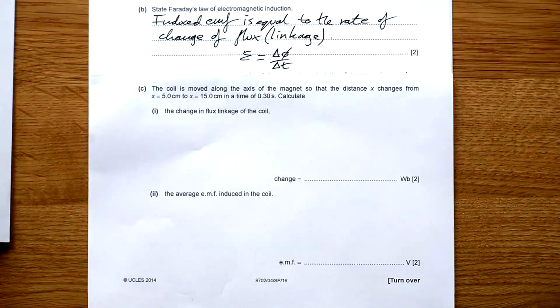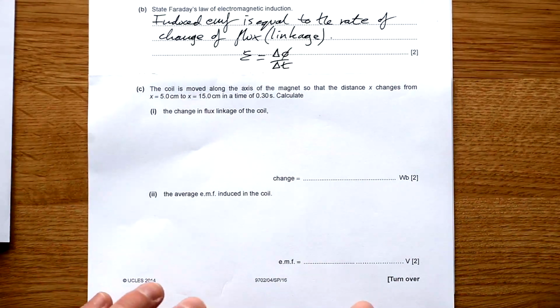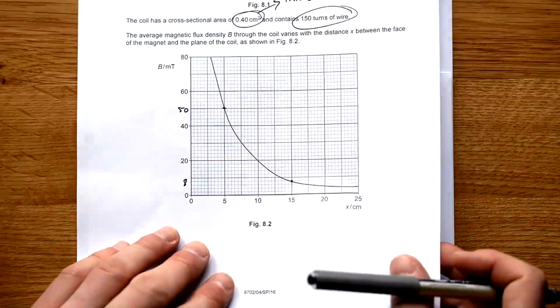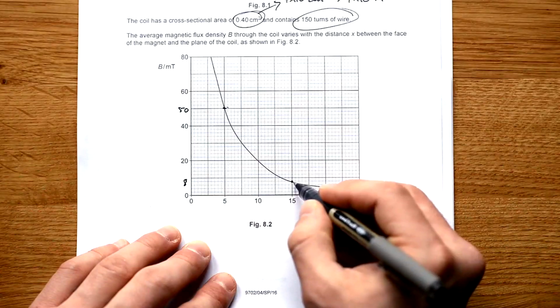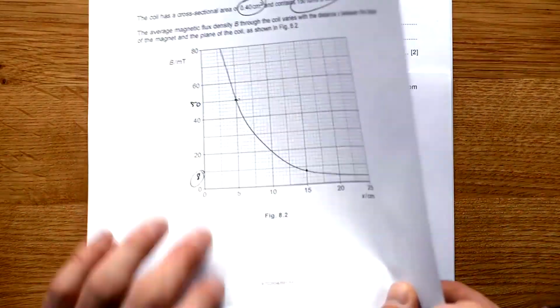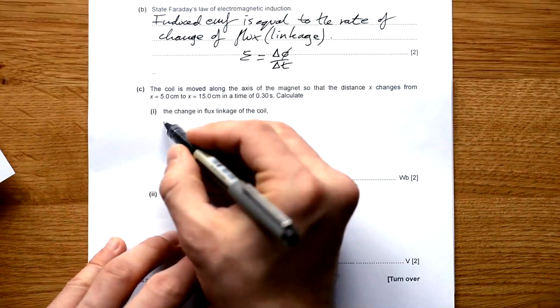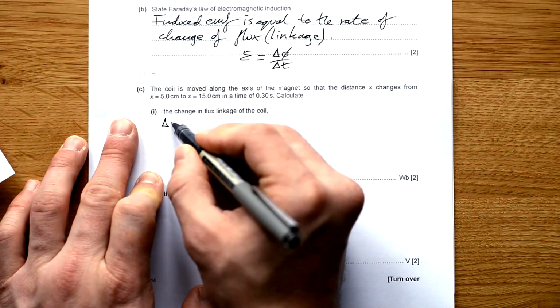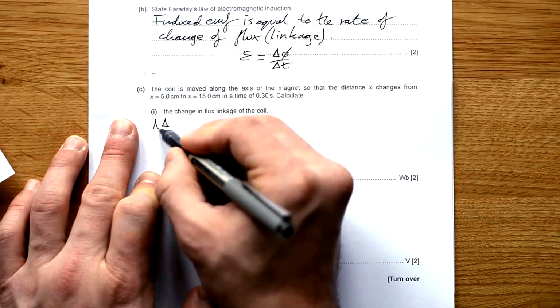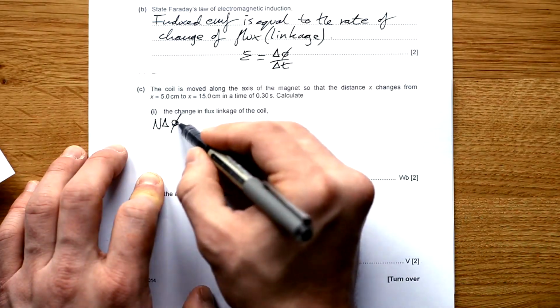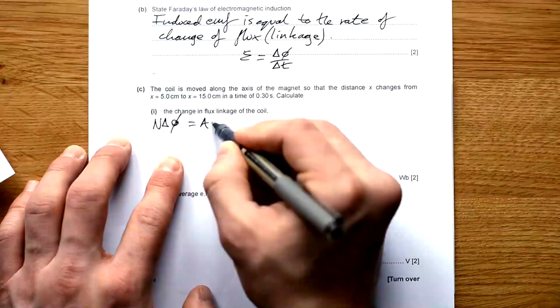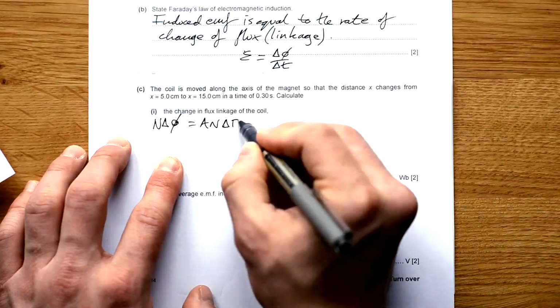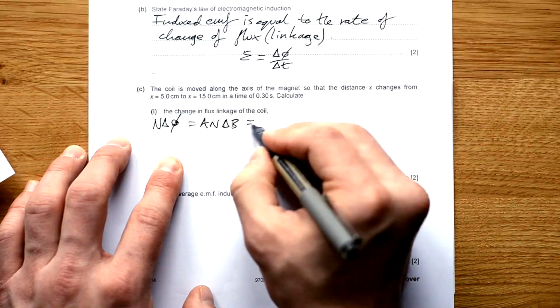Okay, part C, the coil is moved along the axis of the magnet, so the distance x changes from 5 centimeters to 15 centimeters. So we started at 50 and we're going down to 15, so that is 8 milliteslas. So the change in the flux linkage, N delta phi, is going to be AN times the change in the flux density.